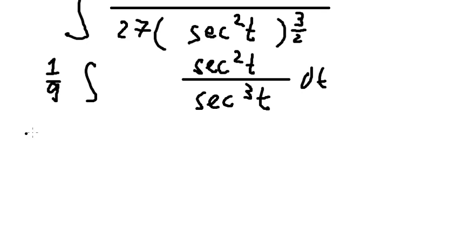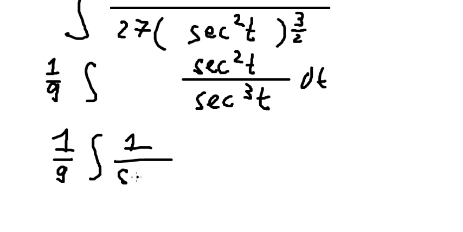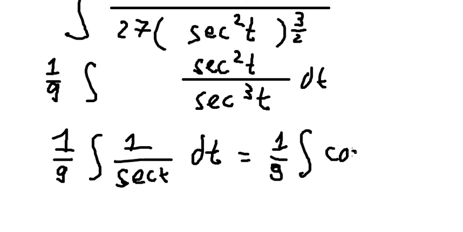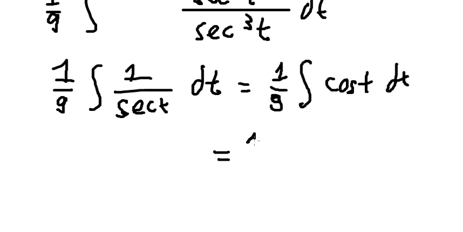We simplify secant of t squared, and we got 1 over secant of t. So this one you got cosine t, because 1 divided by 1 over cosine t, you got cosine t. And we got 1 over 9 sin t plus c.